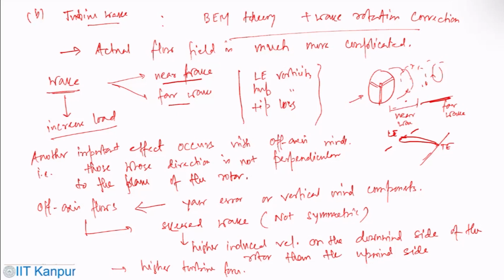Now we can have unsteady aerodynamic effects. There are a number of unsteady aerodynamic phenomena which have a large effect on wind turbine operation. One is turbulent eddies, which are carried along with the mean wind and cause rapid changes in speed and direction at the rotor disc. These changes cause fluctuating aerodynamic forces.